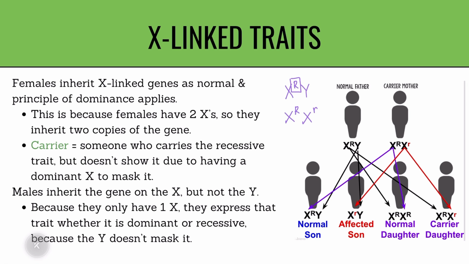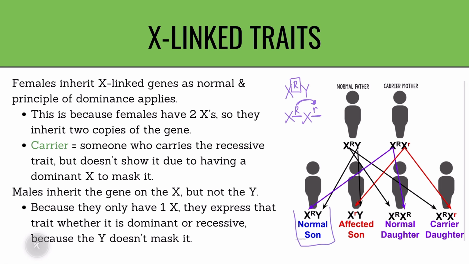So this is saying that she's a carrier for this trait because she has one dominant allele and one recessive allele. And this one overshadows this one because we know the law of dominance, that's how that works. So you have different options for these kiddos, which we will show in a Punnett square in a minute. But it is showing the different options that you have.